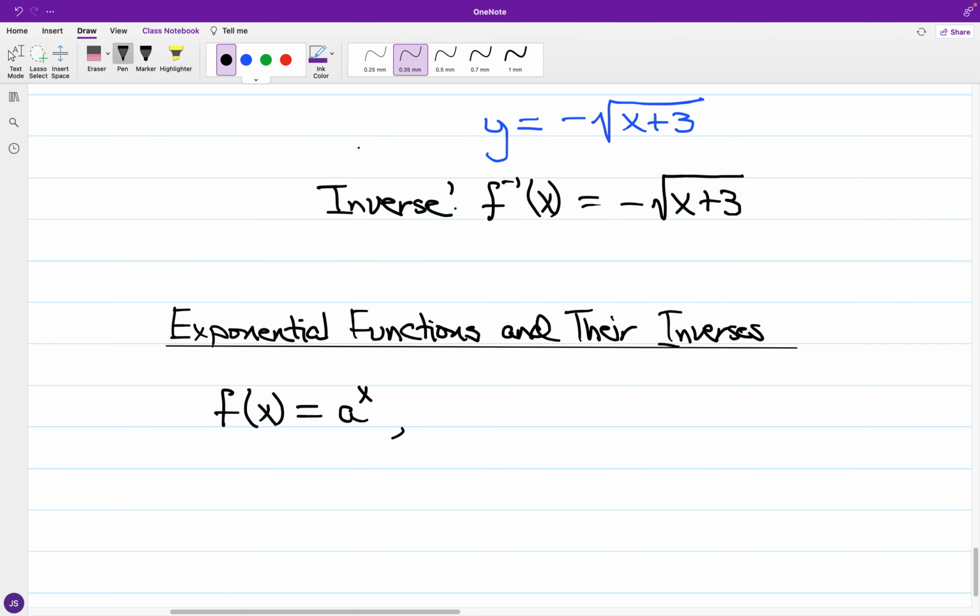Again, we had that the exponential base a was positive with the exception of 1. And again, we had that y, or f of x, is positive.